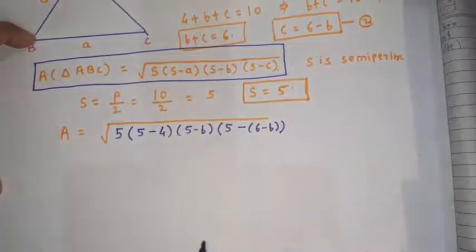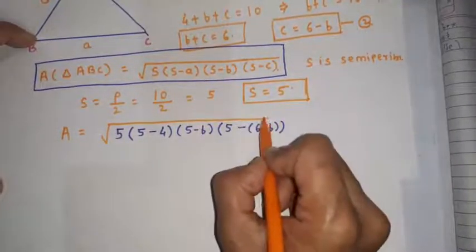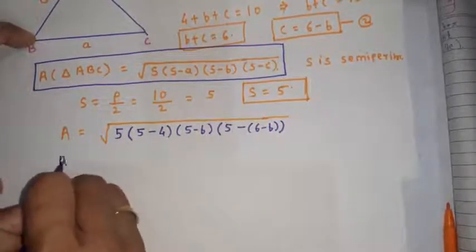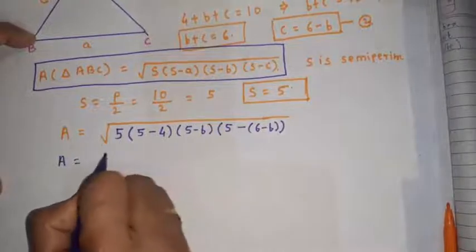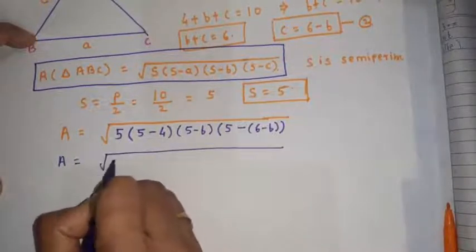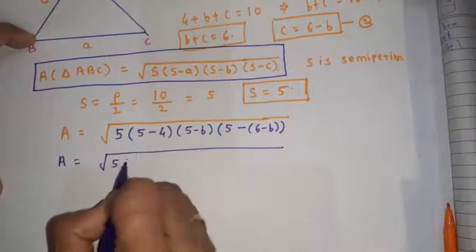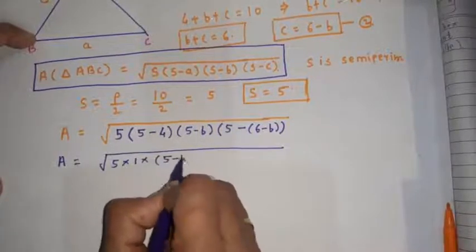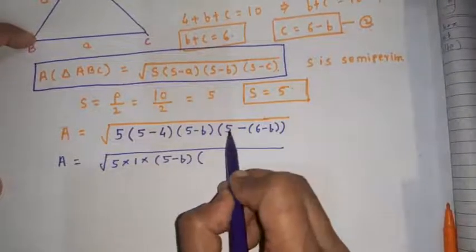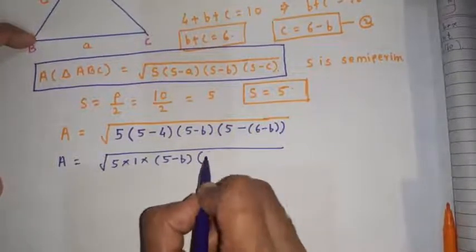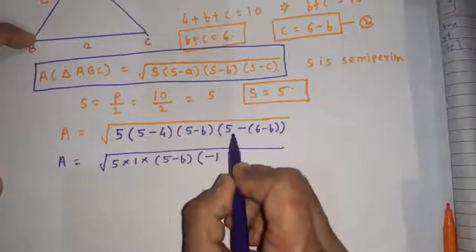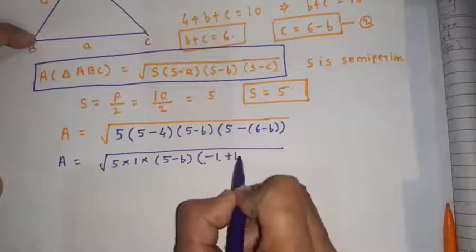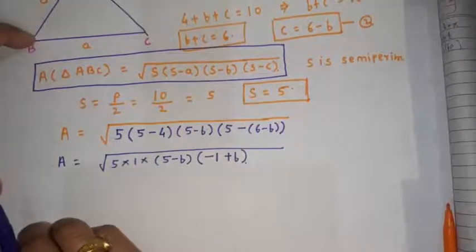Now area equals 5 into 5 minus 4 which is 1, into 5 minus b, and in this bracket 5 minus 6 is minus 1, and minus minus plus b.